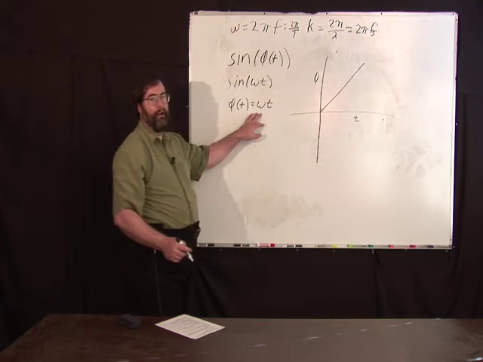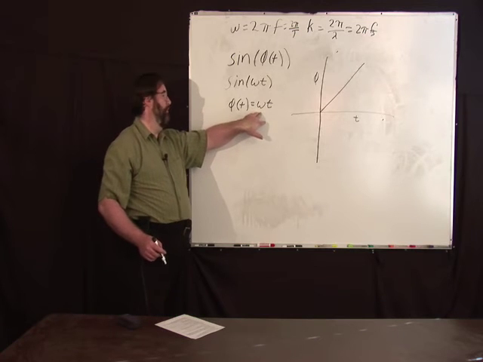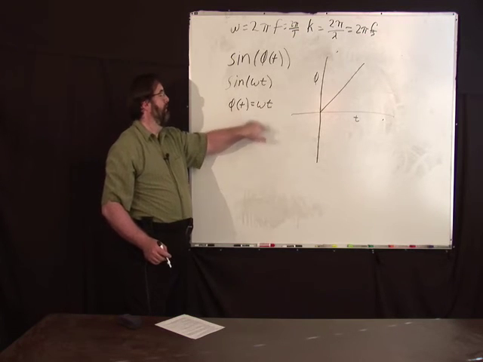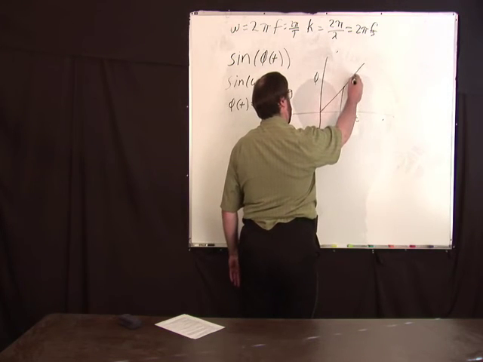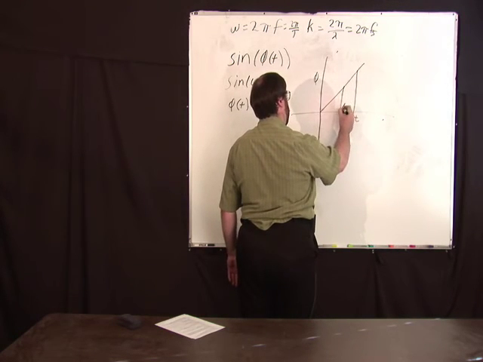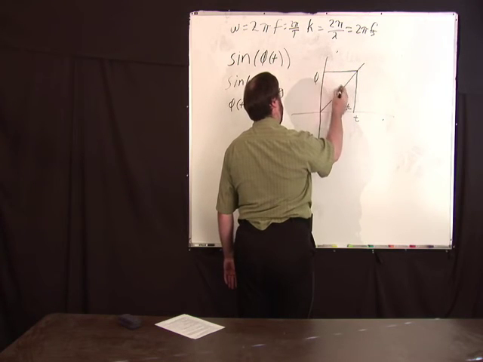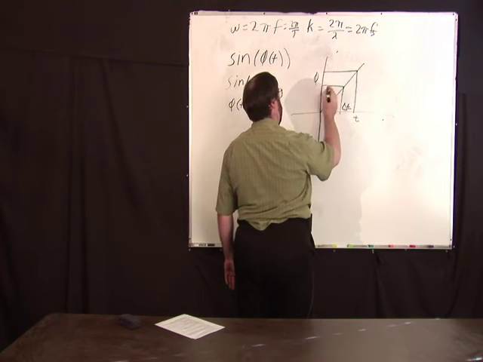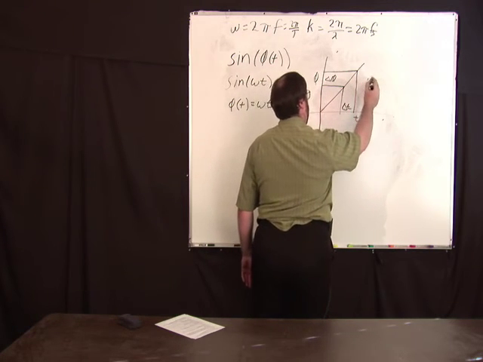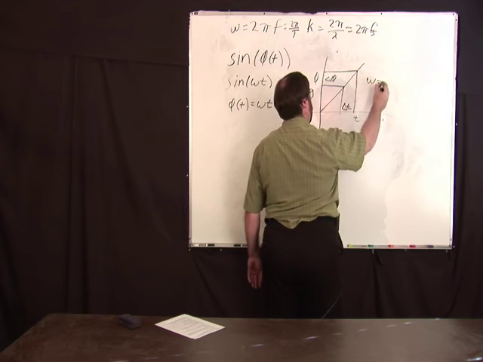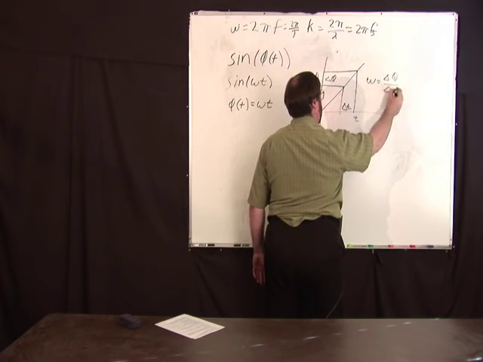Remember from your algebra, mx plus b, well, b is 0, the slope m is omega. So that means for a change in t, delta t, you're going to have a delta phi, and the slope, omega, equals delta phi over delta t.